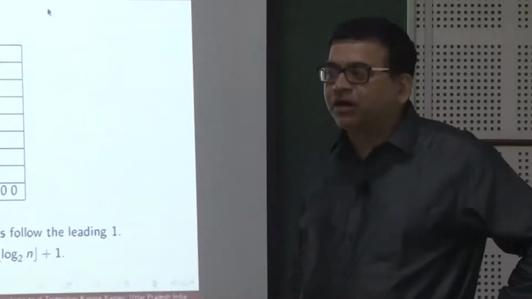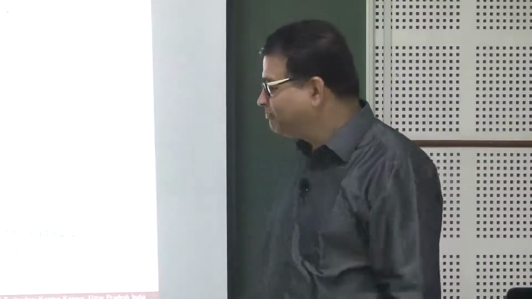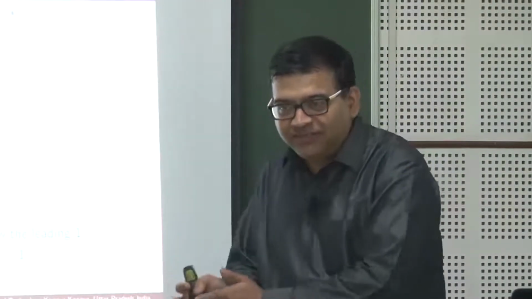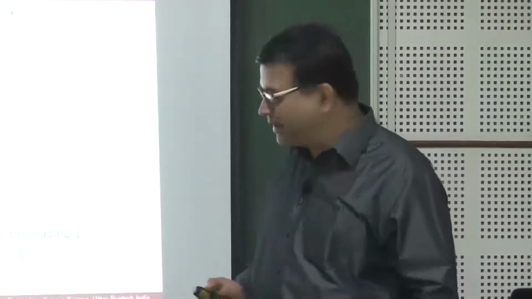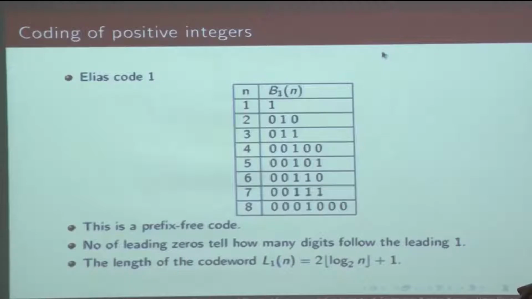What is the bad part? You are almost using double the bits, because the original length was ln, and you are now using ln minus 1 zeros to pad up, right. So the length of the code word is now 2 times floor of log n plus 1. That is the bad part about this code.